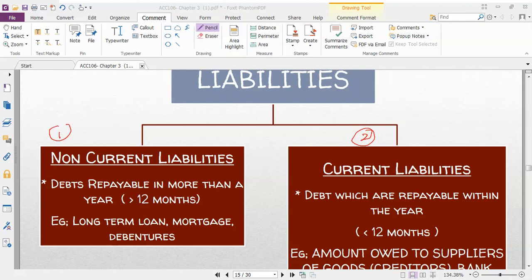So, Karunisa, cuba baca. Karunisa. Okay, cuba baca. Mortgage. Alright, okay, so another one.